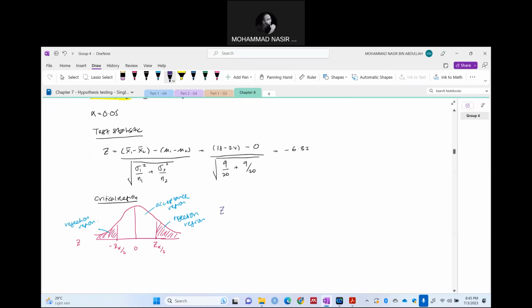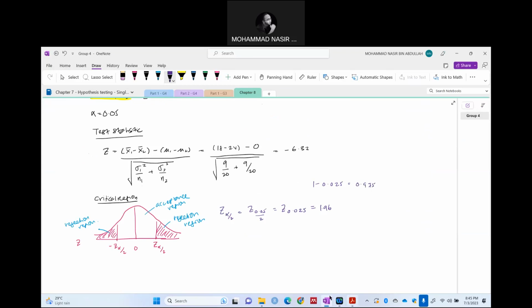So Z alpha divided by 2 is equal to Z 0.05 over 2. So this is Z 0.025. So Z 0.025 is equal to 1.96. So how do we know this value? 1 minus 0.025 is equal to 0.975.